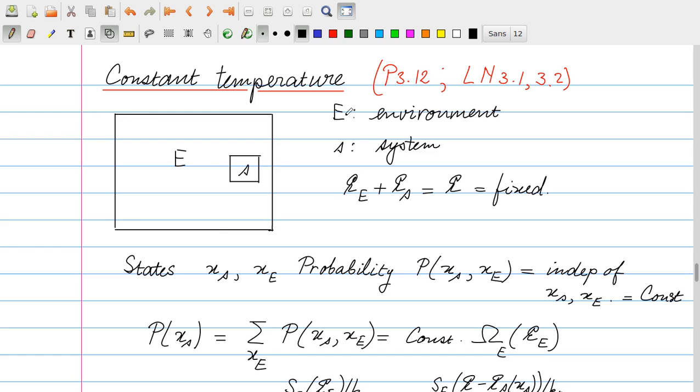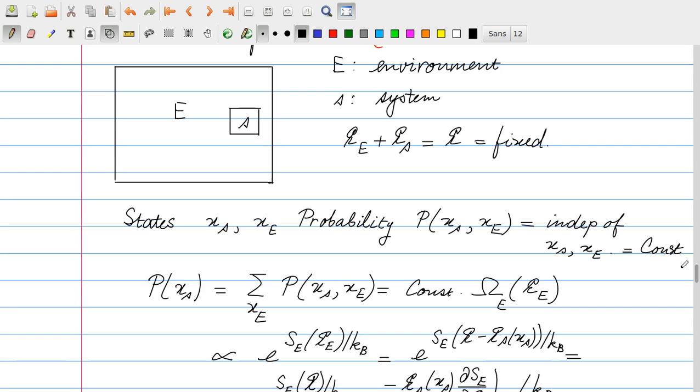ensemble. So we have the environment, and that's E. We have the system S, and we know that the energy of the system and the environment together are equal to the total energy, and we consider the entire system as isolated from the environment, so that total energy is fixed. Now we know that for a system at fixed energy, any state inside that system has the same probability to occur.